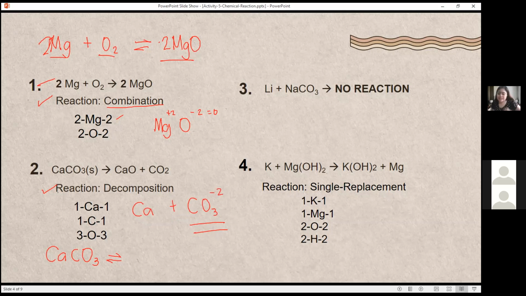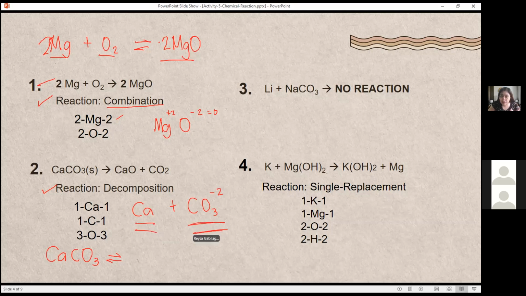Tandaan nyo, pag nagde-decompose ang isang compound, kailangan ang kanyang products will be neutral, walang charge na molecule. So it can be an element na walang charge or it can be a compound again na walang charge. So hindi pwede class ang answer na calcium at saka carbonate.